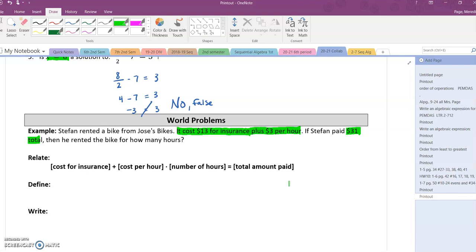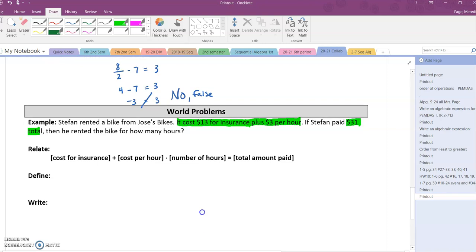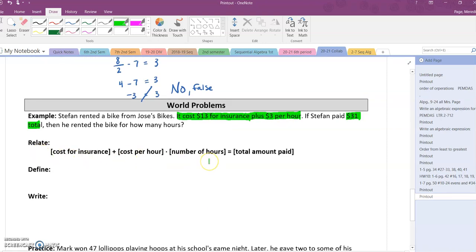So that's what we're going to do, is we're just going to plug in that information into this relate portion. So our goal is to figure out how many hours he rented the bike. So that is going to be our variable, number of hours, is what we're looking for.